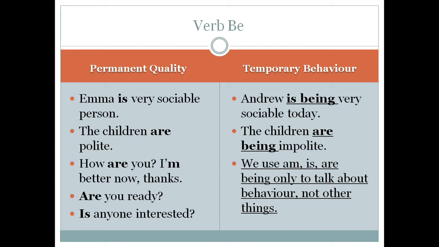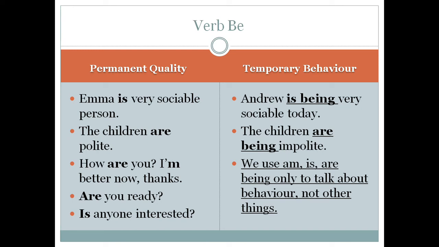But temporary behavior here: Andrew is being very sociable today. When I say is being very sociable today, this means that Andrew is not sociable on normal days. Today he is being sociable. There is a change in his behavior, which means it's a temporary behavior.